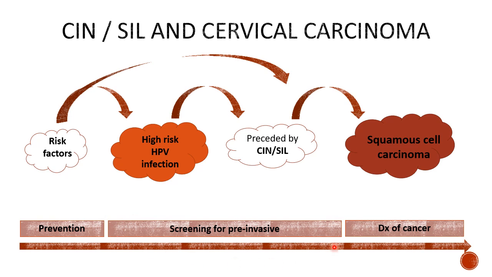So it provides a window for screening for pre-invasive states, which we will also touch on, and also because we have a known etiological factor here, which is the high-risk HPV infection, it also creates a window for prevention, which we will also discuss in a moment. So that's an overview of the flow of the lecture on CIN, SIL, and cervical carcinoma.